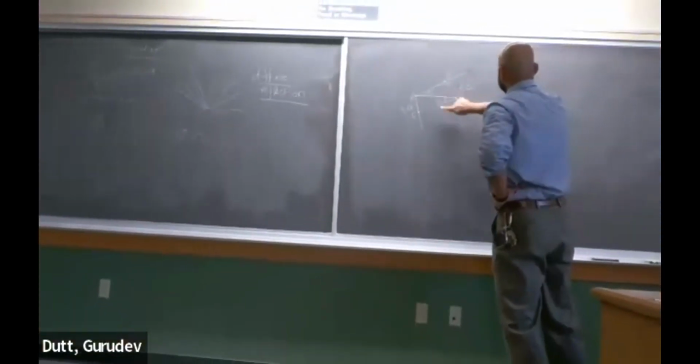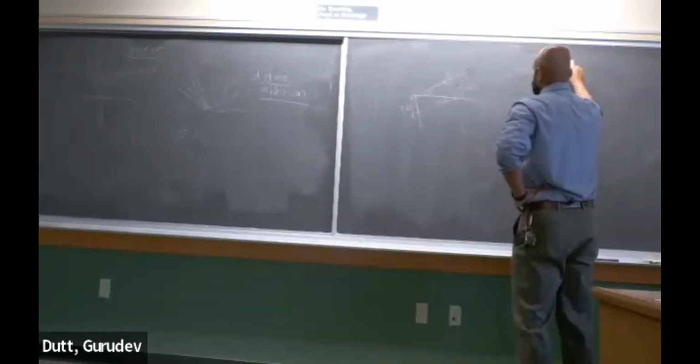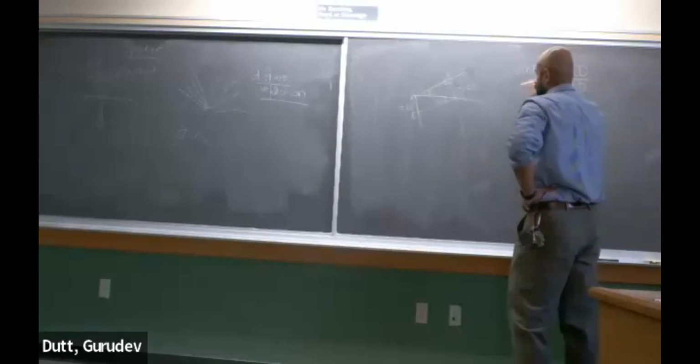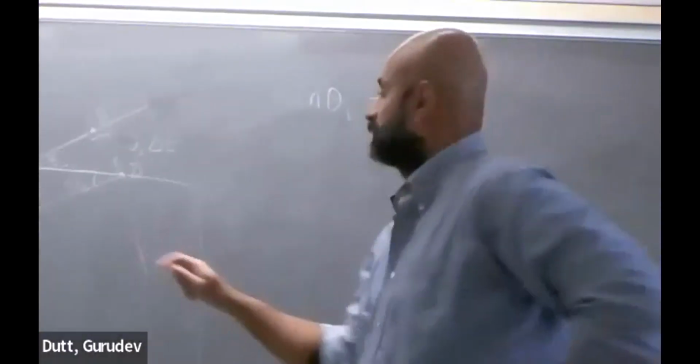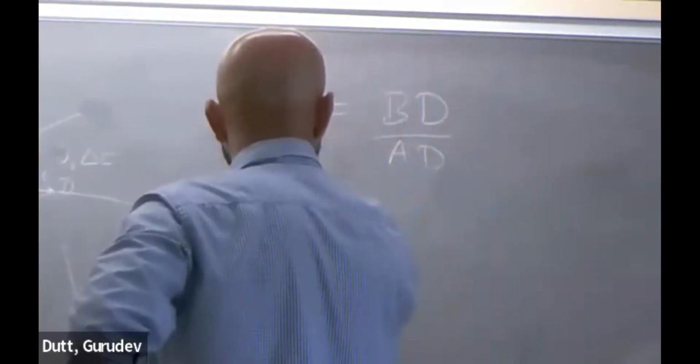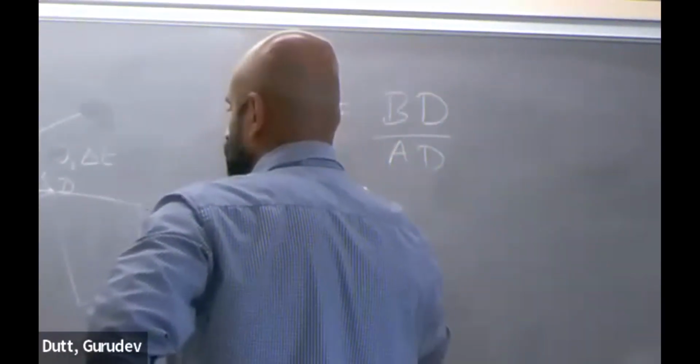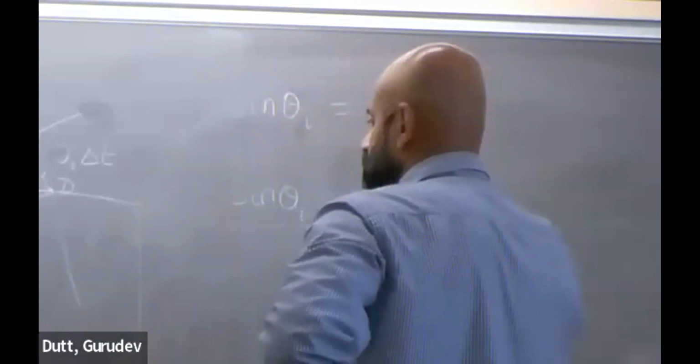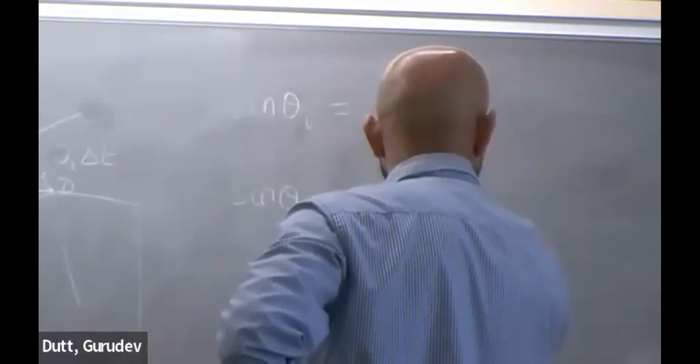We want to relate that to BD, so sine theta I is equal to BD divided by AD from the top triangle. Similarly, sine theta T is equal to AE, again divided by AD.